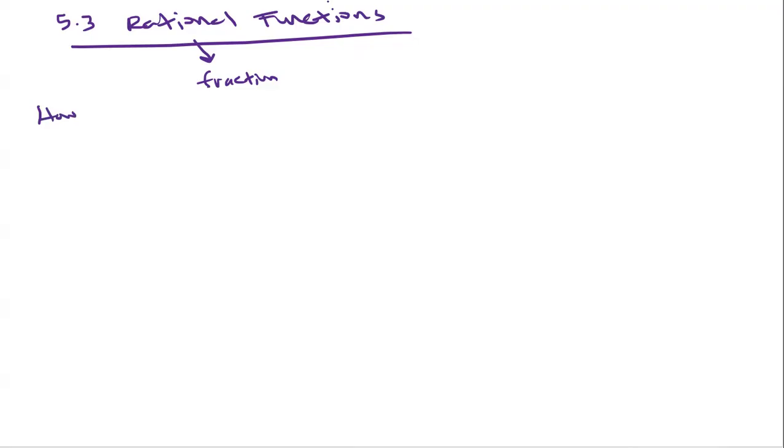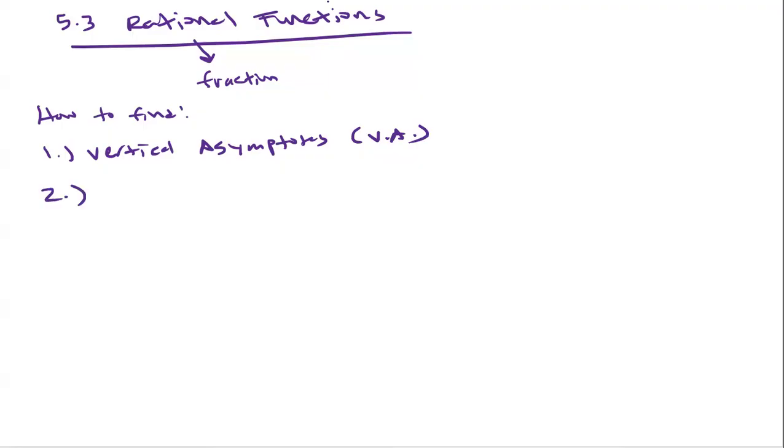We want to find out how to find number one, vertical asymptotes. I call that VA. And then we want to find horizontal asymptotes.